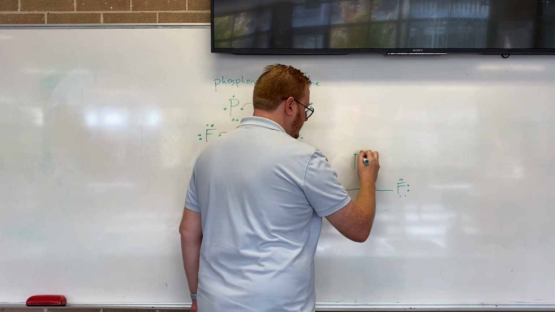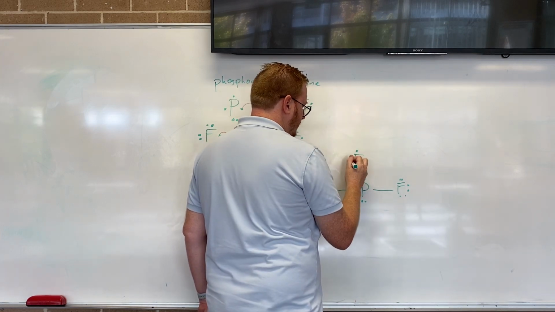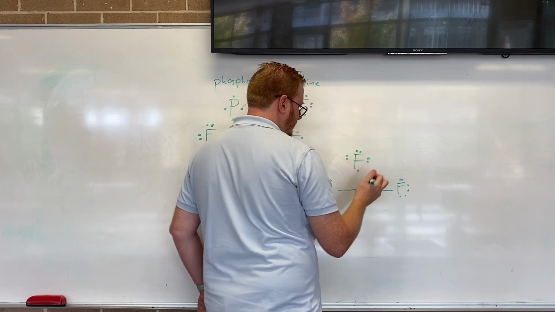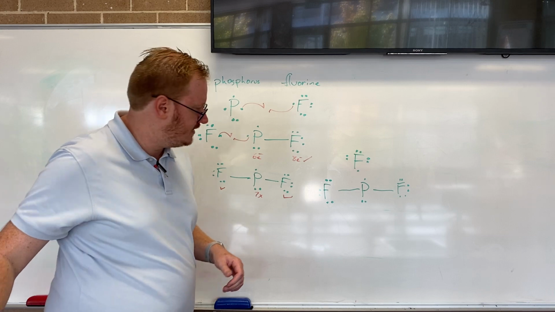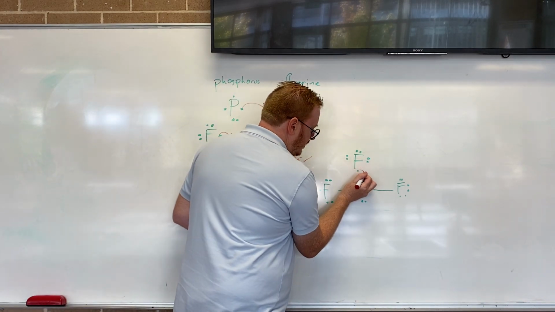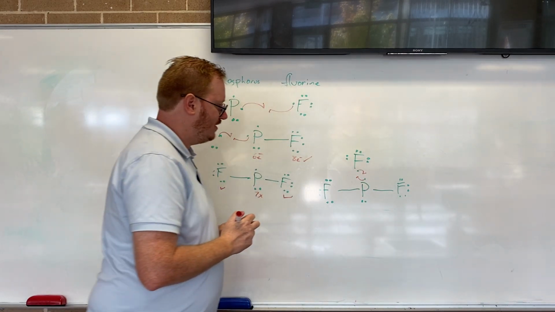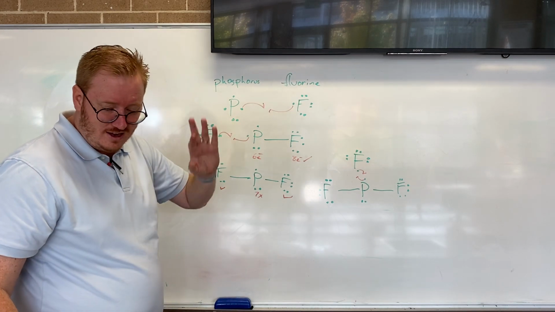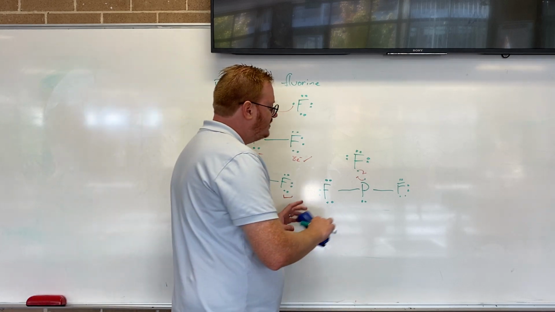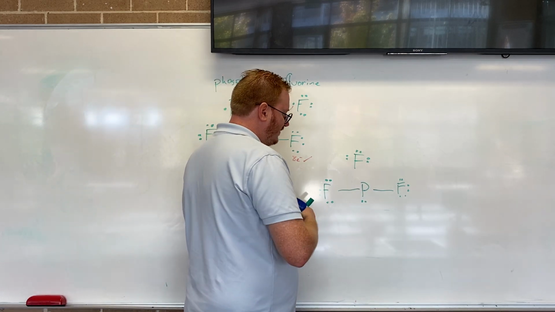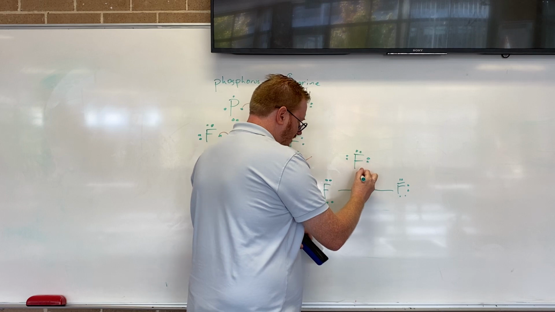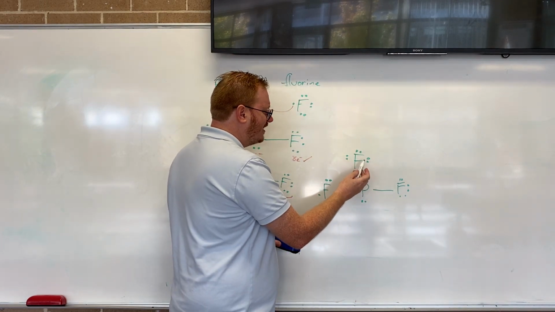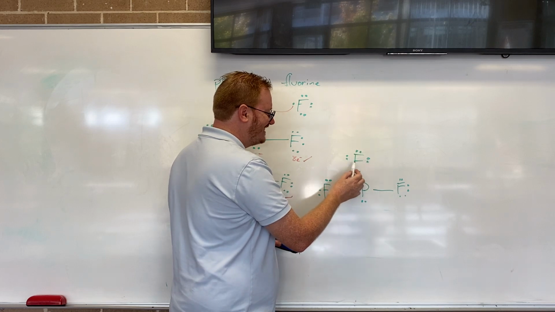Okay, so let's pull in another fluorine. 1, 2, 3, 4, 5, 6, 7. It's going to form one bond. These 2 electrons are going to form that bond. Why did I start down there? I should have started up there. I'm going to rub it out. Just the bond, okay? So it's now going to form a bond between them. Okay, this fluorine now, that's terrible writing. 1, 2, 3, 4, 5, 6, 7, 8.